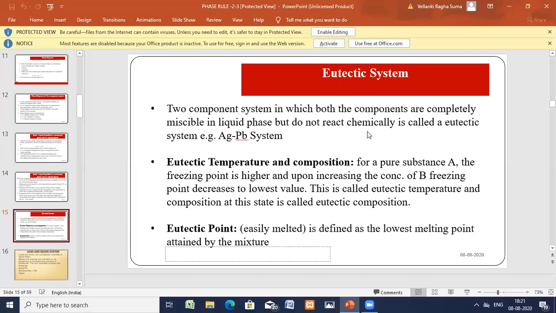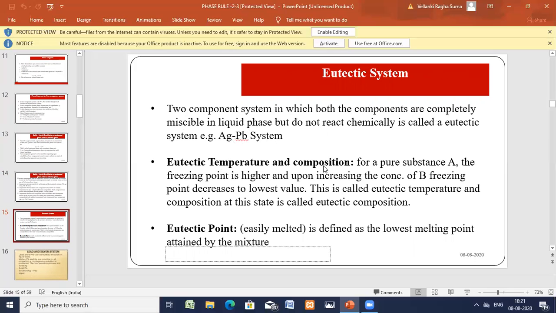The components are miscible and do not react with each other. That is a eutectic mixture, a eutectic system.